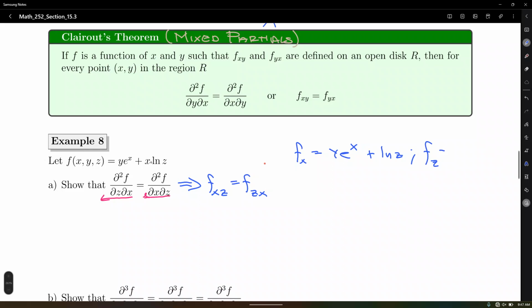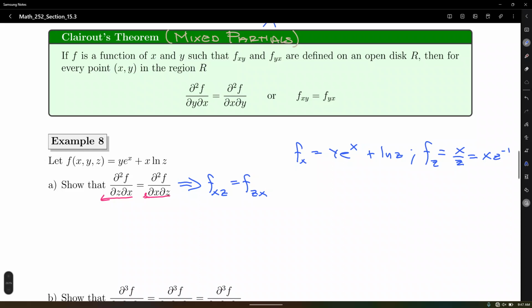Here, the derivative of ln of z is 1 over z times the factor x, that's simply x over z, which I will write as x times z to the negative 1, because I will need to differentiate this z later.